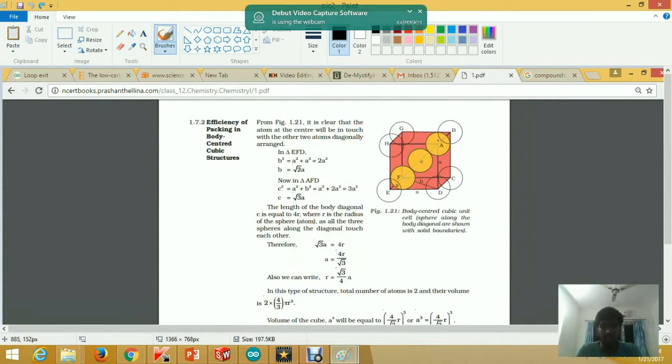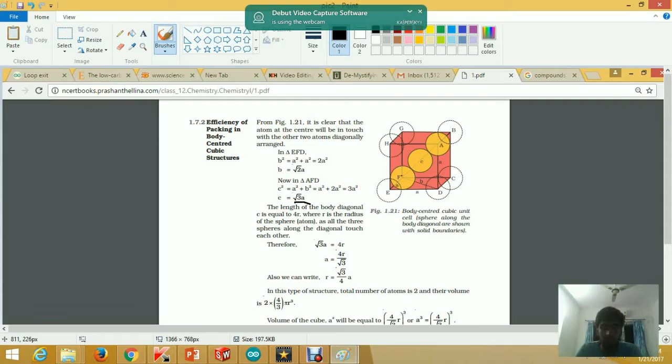Again, the calculation for this is a very simple one. Now let's calculate the length of the diagonal of this particular cube. If we calculate the length of the diagonal, we can say that it is equal to √3. This is a very simple calculation.